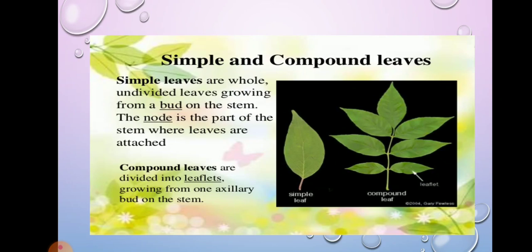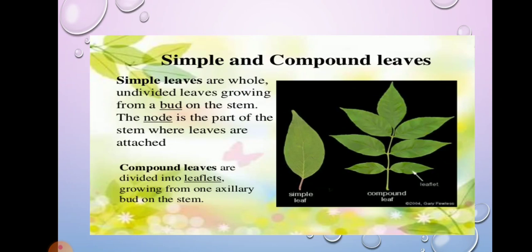A simple leaf is a whole individual leaf which grows from a bud on the stem, and the node is the part from which it comes out. We have already seen this. In the diagram you can see a simple leaf is only one leaf that comes out from the branch directly, from the stem directly. But a compound leaf is divided into leaflets. The compound leaf has a small branch coming out from which different leaves come out.